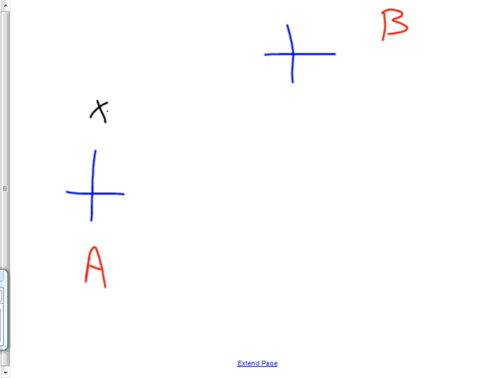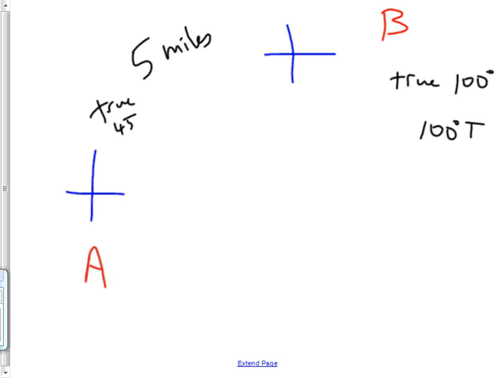This was true 45. And at this spot, they went true 100, or 100T. They walked 3 miles at 100. They went 5 miles this way. And they went 2 miles to get to encampment C.